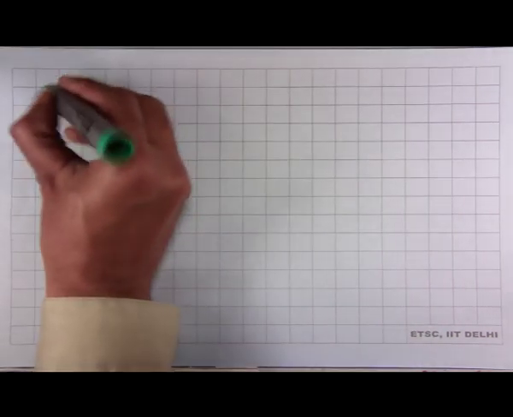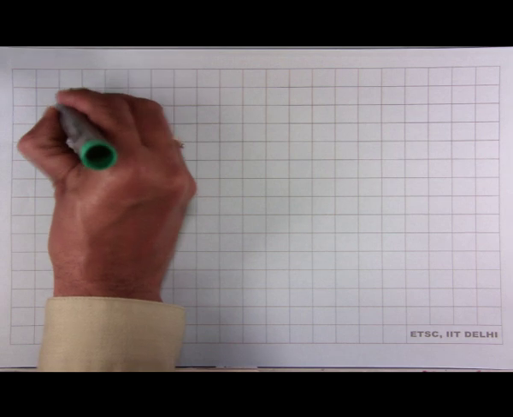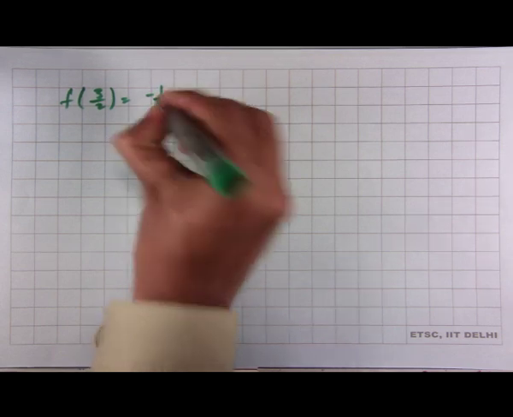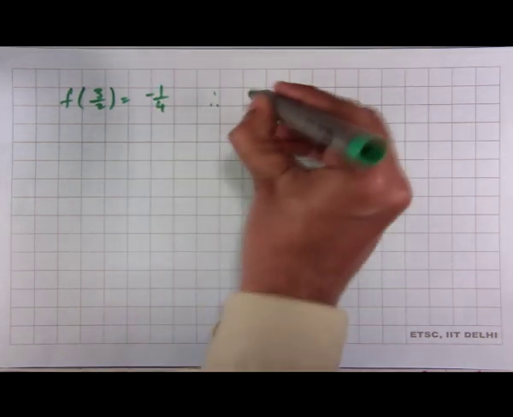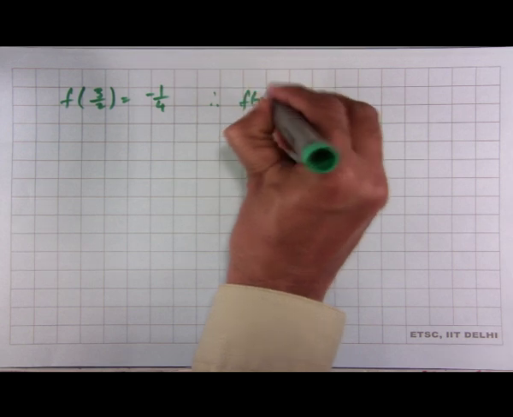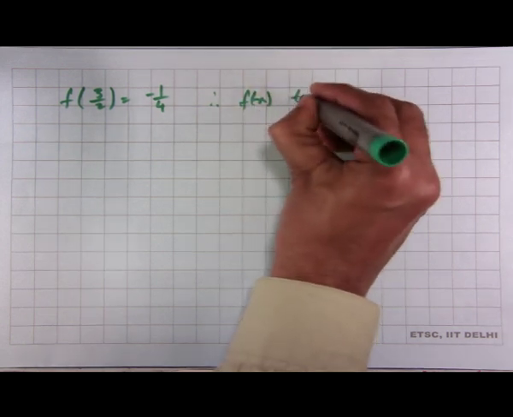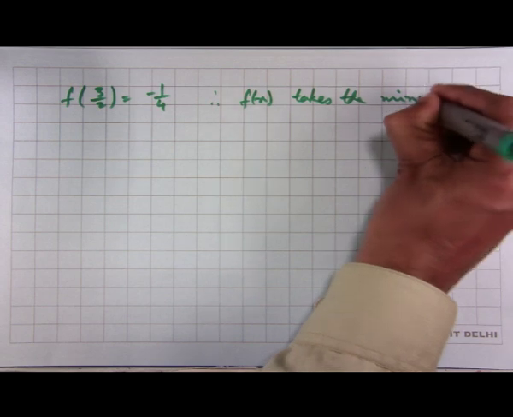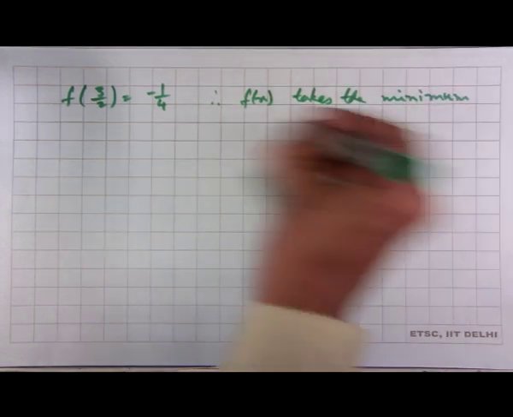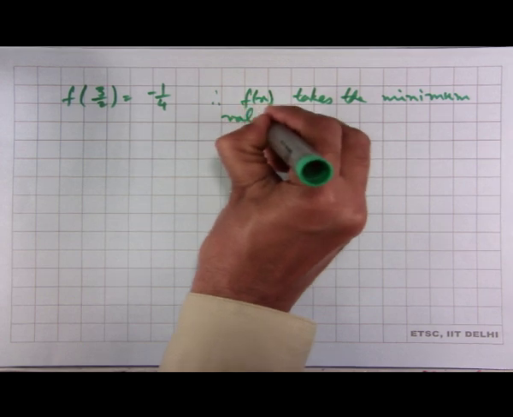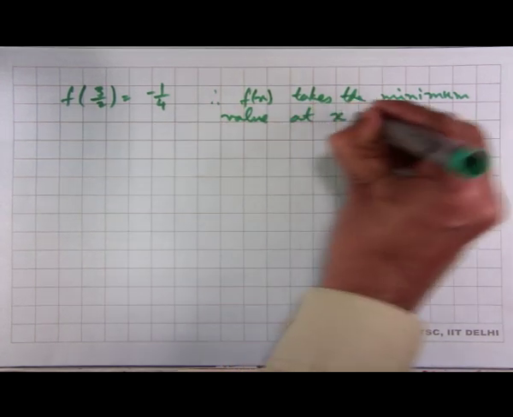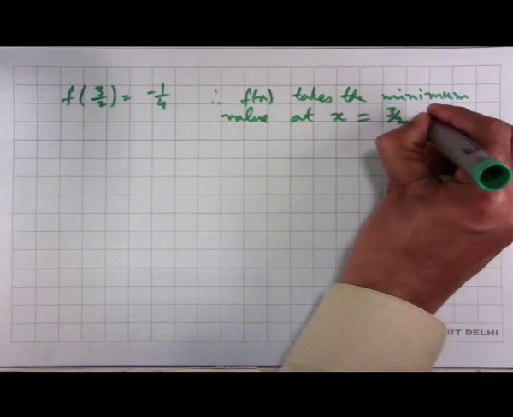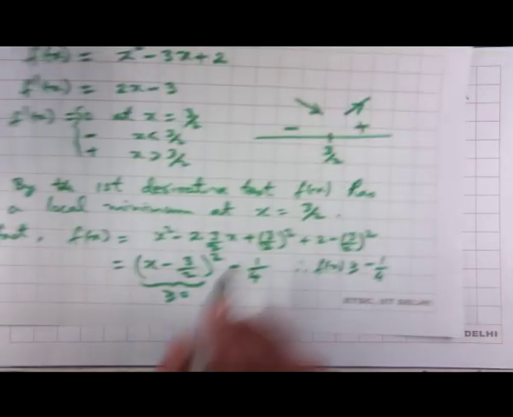So, f of 3 by 2 is equal to minus 1 by 4. Therefore, f of x takes the minimum value at x equal to 3 by 2, and this is the minimum.